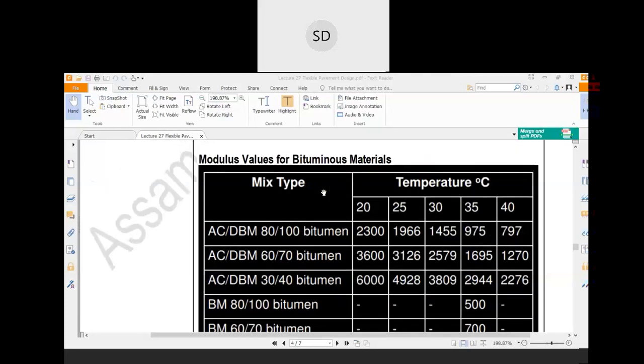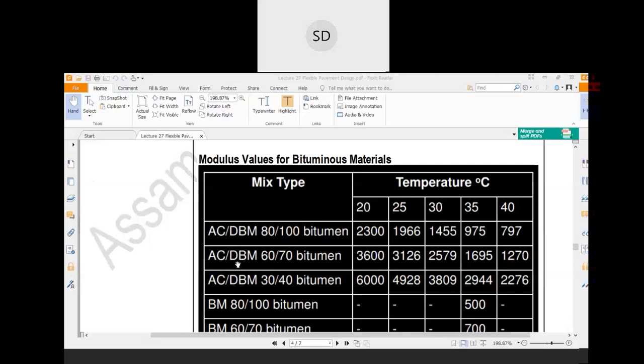Now these are the different temperature values, that is 20, 25, 30, 35 and 40 degrees Celsius, and DBM is dense bituminous macadam. It is asphalt concrete and dense bituminous macadam with 80 to 100 grade bitumen.